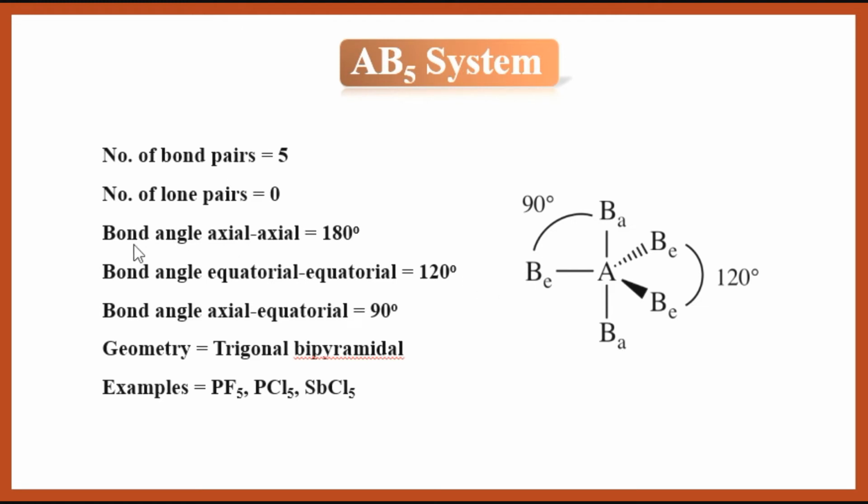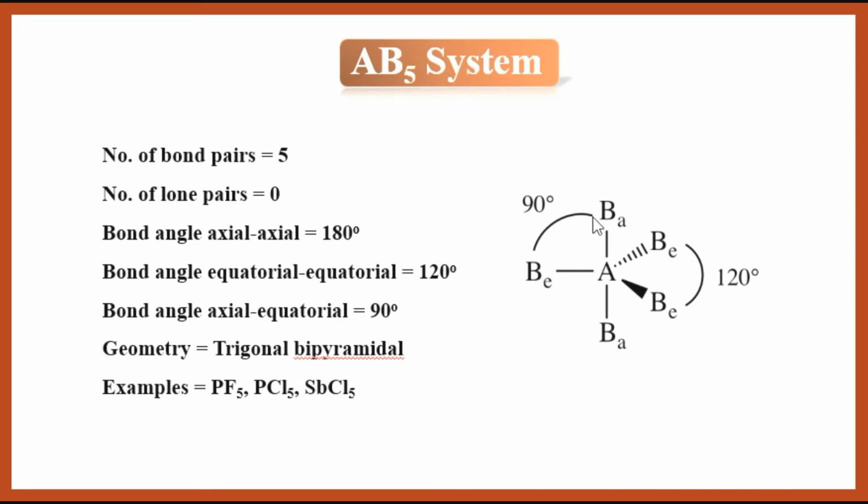So we represent it as the bond angle between axial positions comes out to be 180 degrees, and the bond angle between any 2 equatorial positions comes out to be 120 degrees, and the bond angle between axial and equatorial positions is 90 degrees.